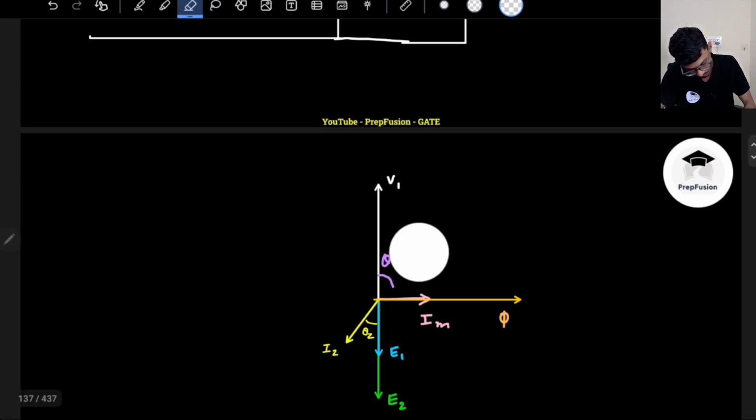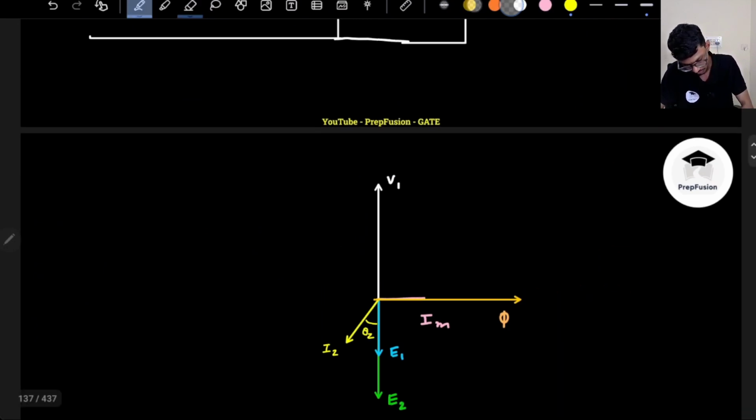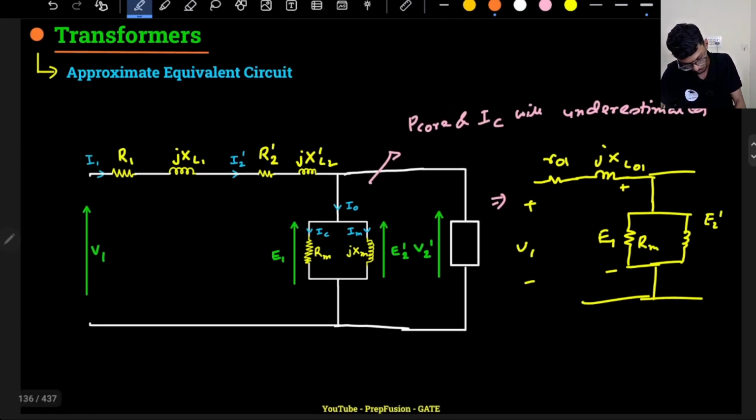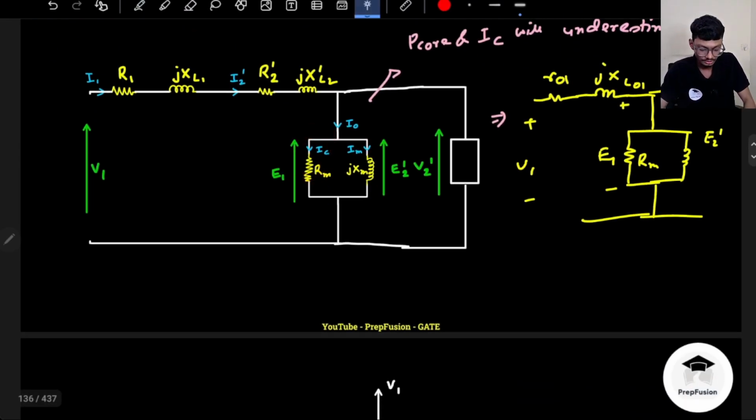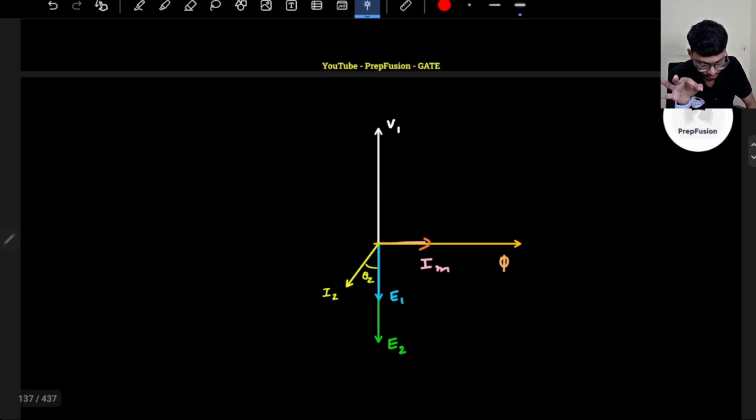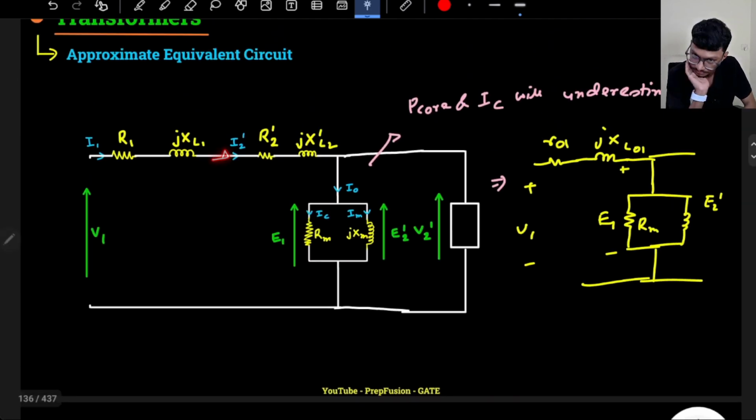Now the no load current will have two components. One is the magnetizing component, the other the wattful component. This current is parallel to E1, but I am showing currents in the primary, so I will show currents in this direction. I hope you understand this point, that because I am showing current in the primary, and this is E1 divided by Rm, this is the current.